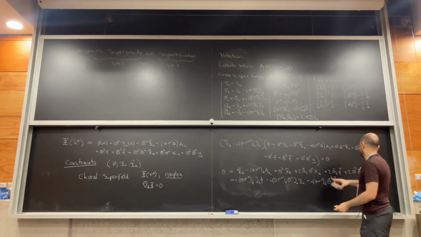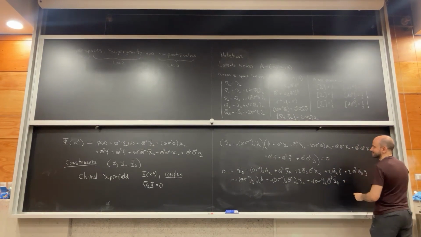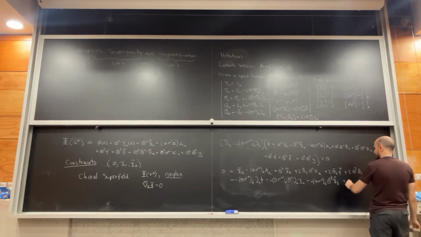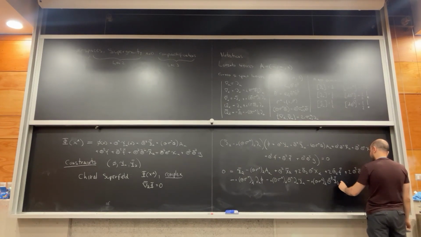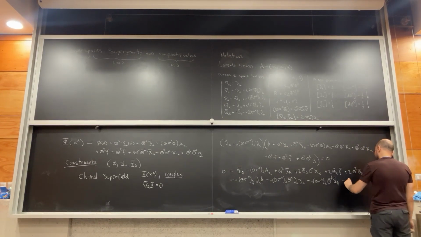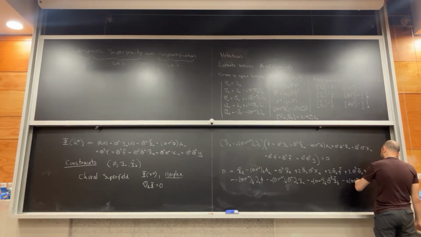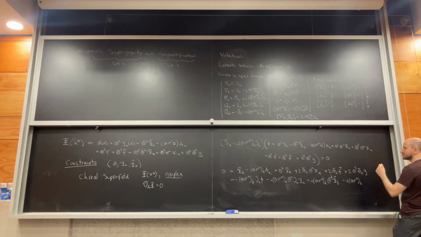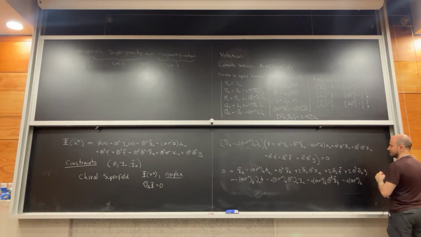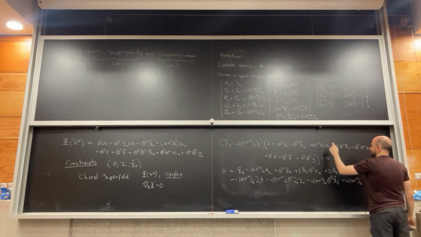And I go over here. This is going to be minus I theta A alpha dot. I'm going to change this index here to B.